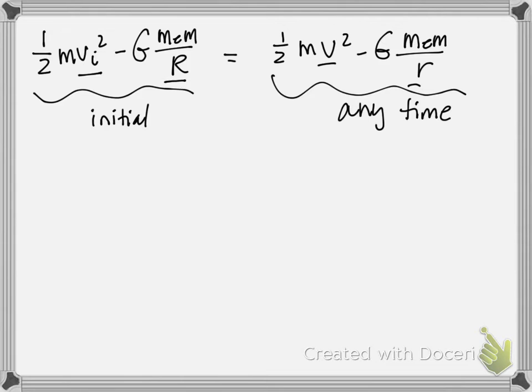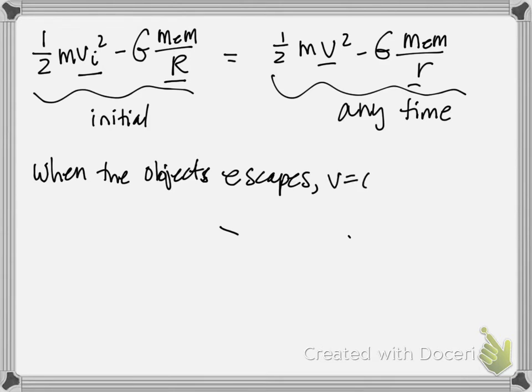So let's assume a couple of things. When the rocket escapes, or baseball in this problem, when the object escapes, its speed is 0. Let's say we just give it enough speed to escape the gravity, right? And also, since it can be considered infinitely far from Earth, we've escaped Earth's gravity, so the gravitational potential energy is 0.